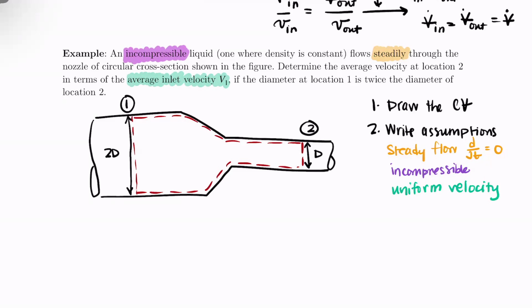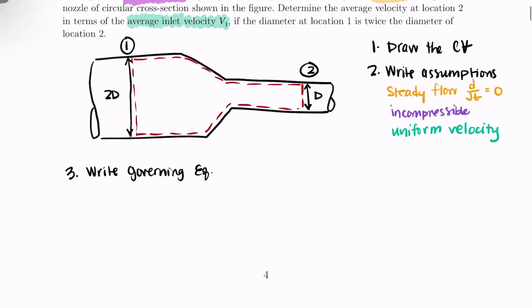Okay. So next step that we're going to do is we're going to write our governing equation, which in this case is just conservation of mass. So we have that dm_CV/dt is equal to the sum of m dot in minus the sum of m dot out.